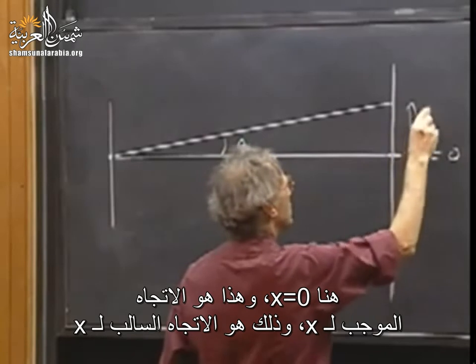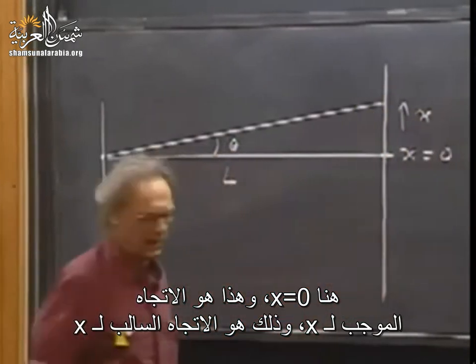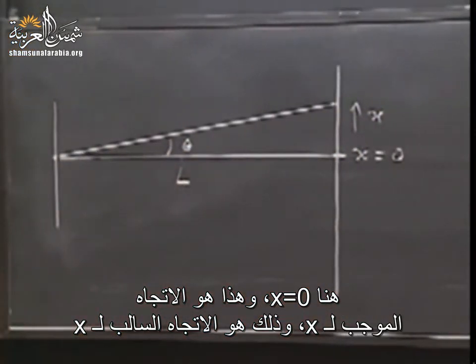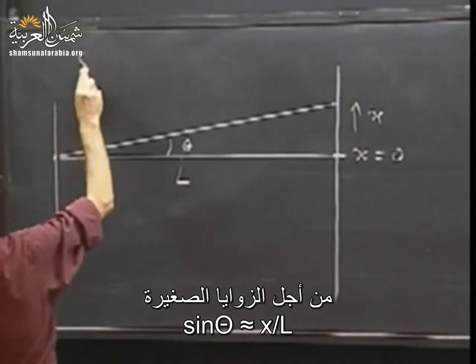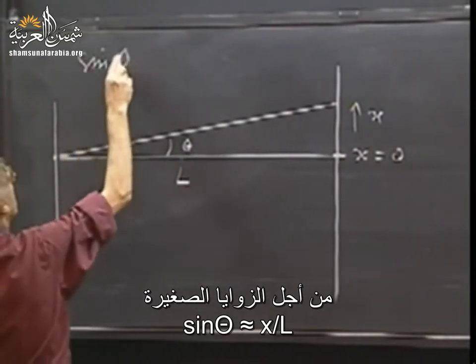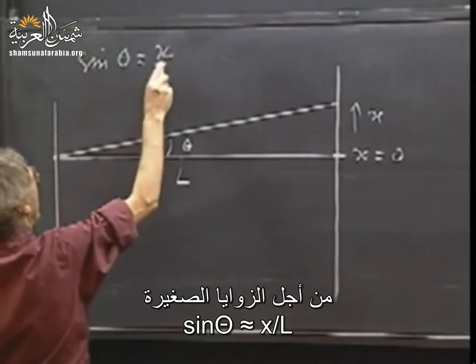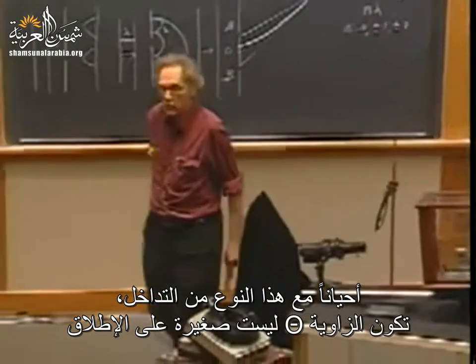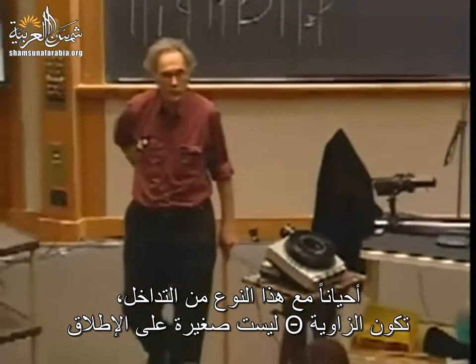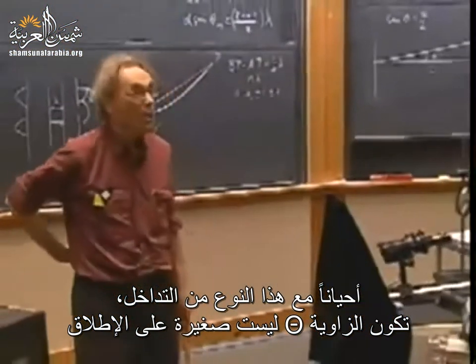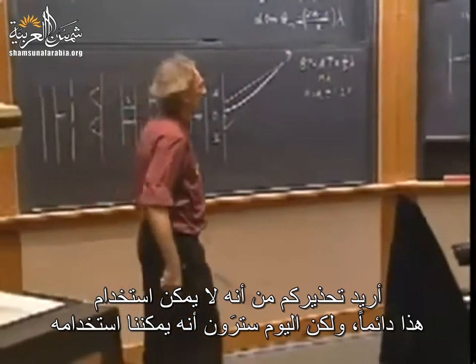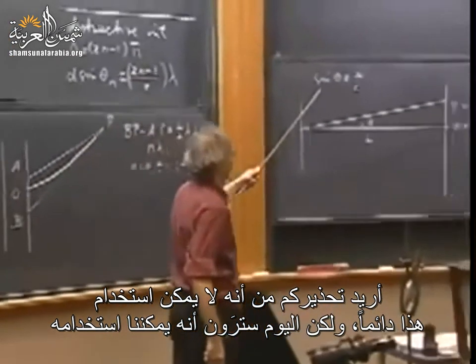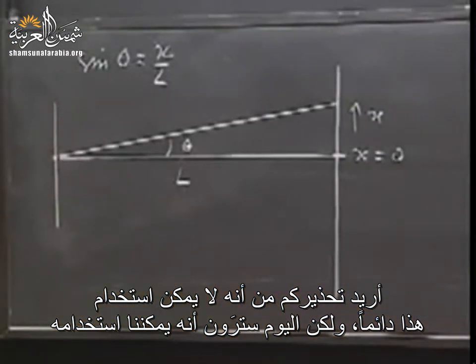And we call this x, positive x, and that's negative x. You can also say that the sine of theta is approximately x divided by L, but that's only true for small angles of theta. And with this kind of interference, we sometimes have angles of theta which are not small at all. So I want to warn you that this is not something you can use universally, but today you will see that we can use it.